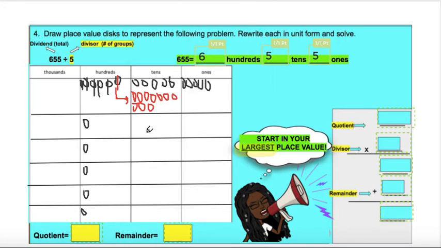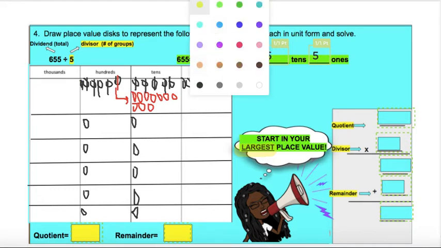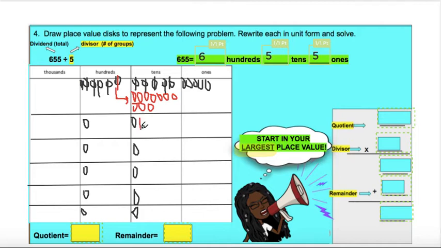Let's go ahead and distribute these tens. Put it in a group, cross it off. Put it in a group, cross it off. Put it in a group, cross it off. We're going to keep distributing our unbundled discs because they are now in the tens place.